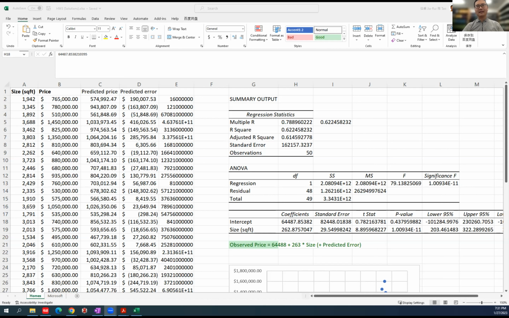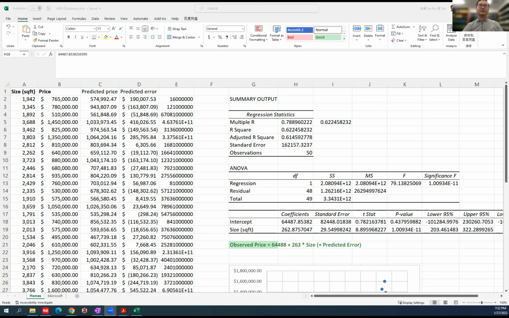The intercept exactly means what the predicted dependent variable, in this case the price, would be if all the predictors are 0. So in problem 1, the intercept would mean that if a house has 0 square feet, then the predicted price would be $64,000. So as you can see, the intercept may not always carry a meaningful interpretation.